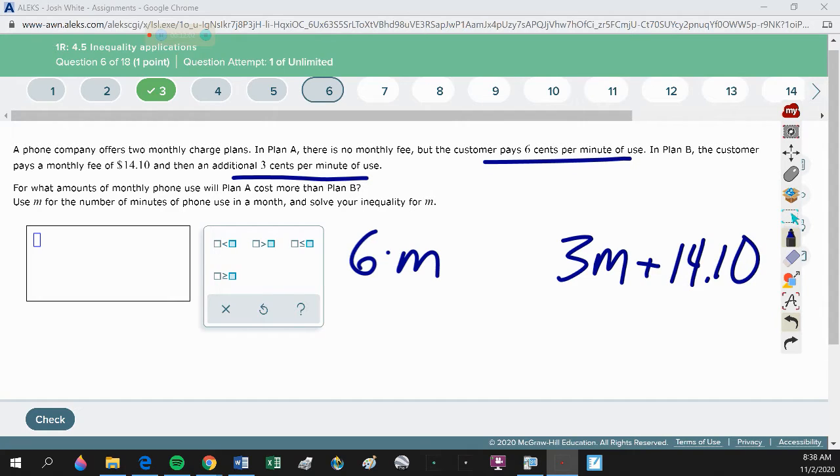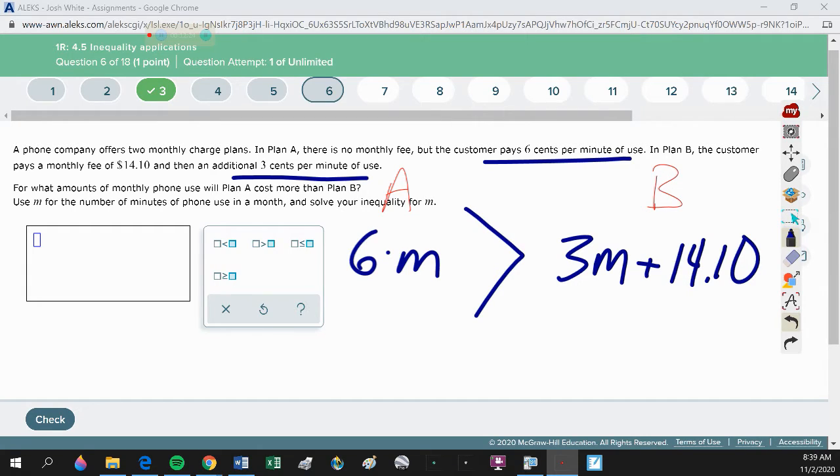Okay. For what amounts of monthly phone use will A cost more than B? So this is A and this is B. What inequality should I draw? A is greater than B. Like that.